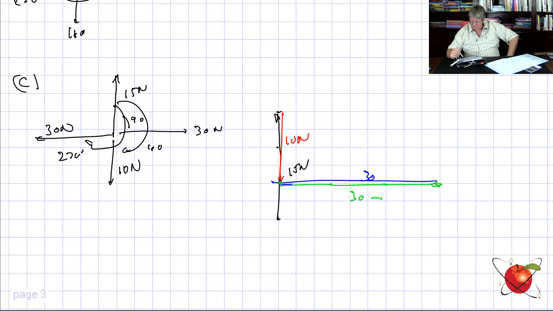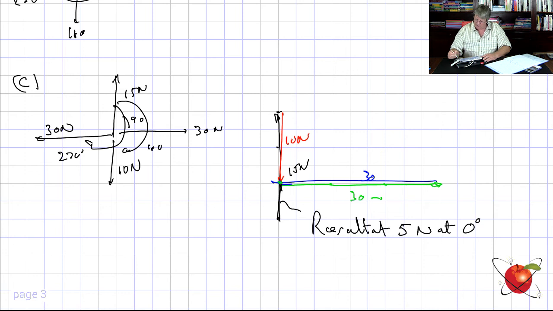Right? So what is my resultant in this case? All right. My resultant is basically that bit there, isn't it? There. Okay. So if you go and work it out, you're going to find that you get a resultant of 5 newtons at 0 degrees.